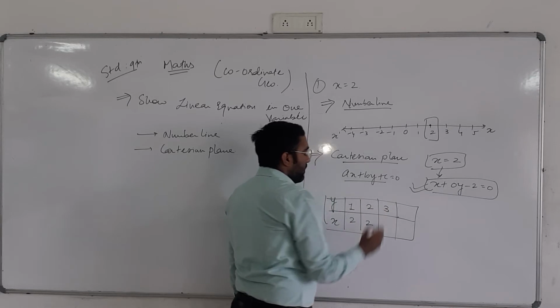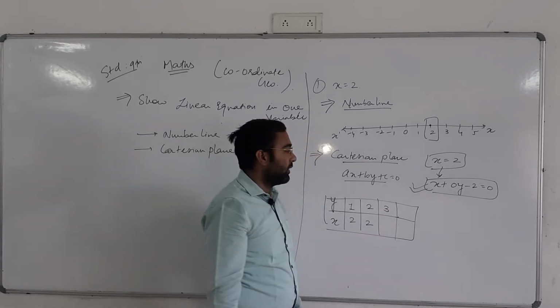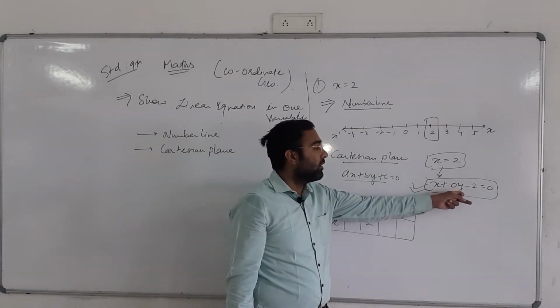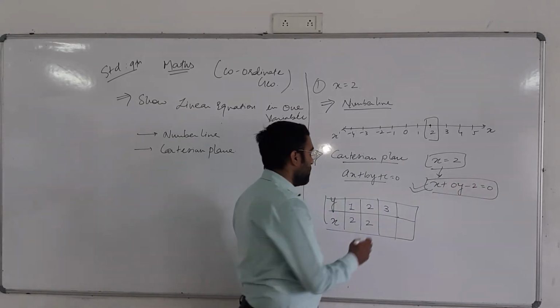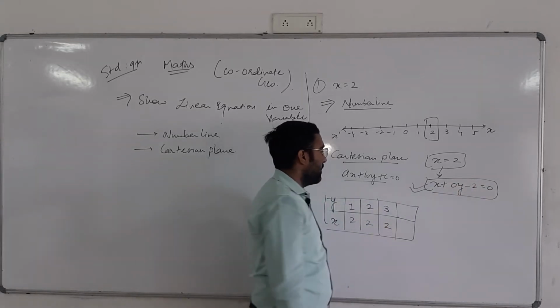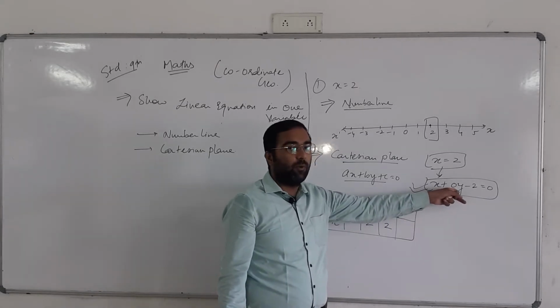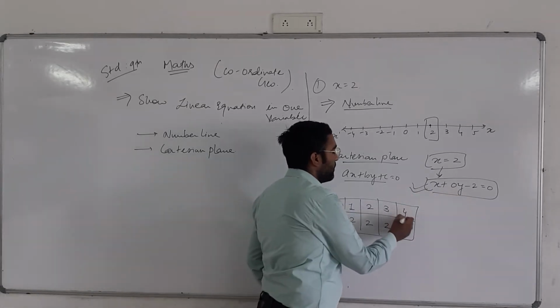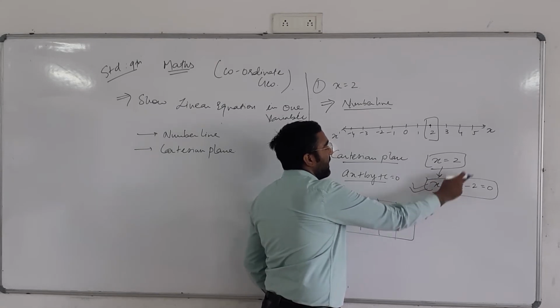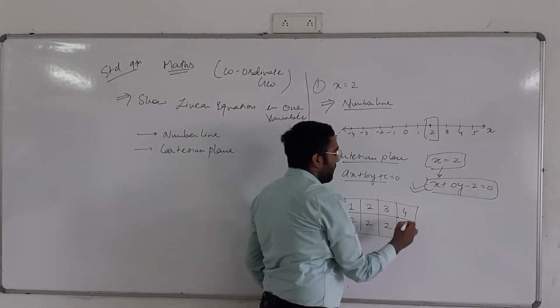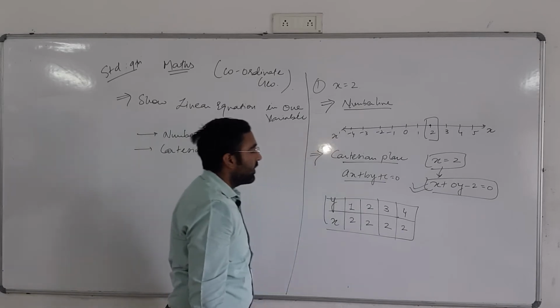When I take y equal to 3, 3 into 0 is 0, minus 2 shifted to the other side, therefore also x equal to 2. When I take y equal to 4, 4 into 0 is 0, so that term cancels out, minus 2 shifted to the other side, therefore x equal to 2.